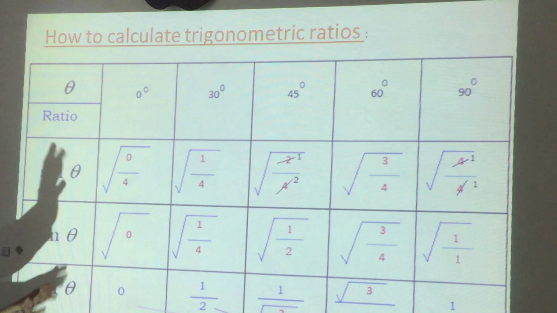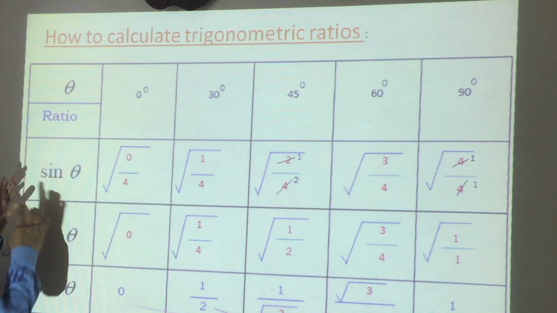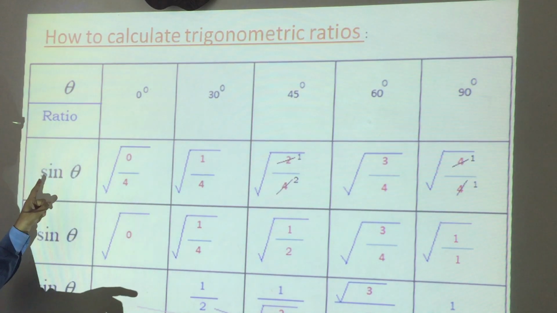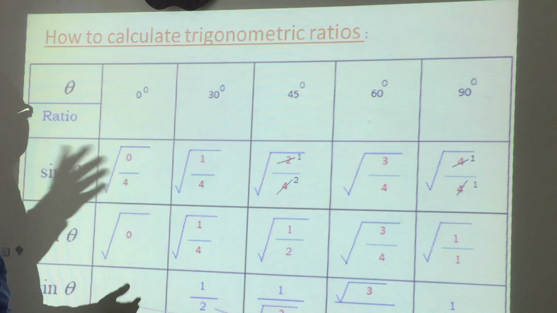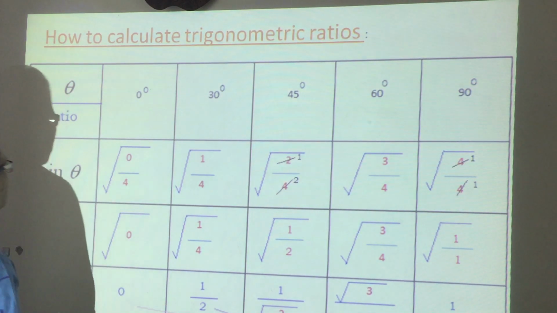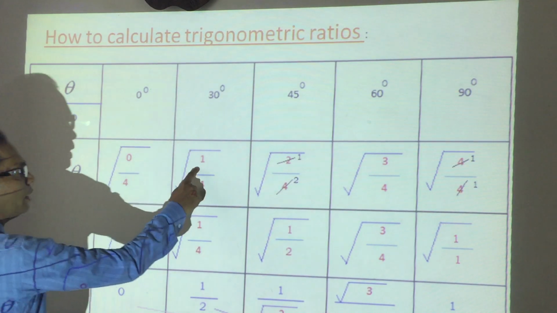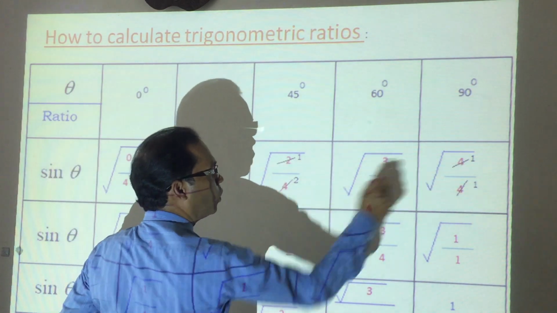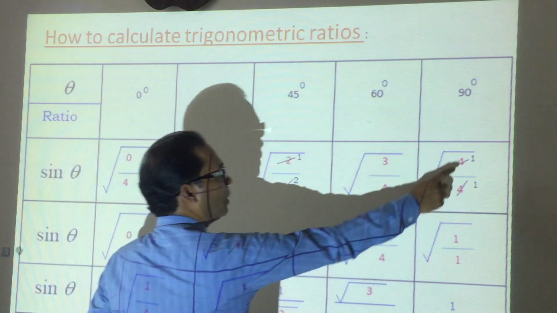Here, first of all, we start here. I will tell you how we calculate sine theta, and then the other values we can get from it. Here, we take 0, 1, 2, 3, 4, and then divide each by 4.